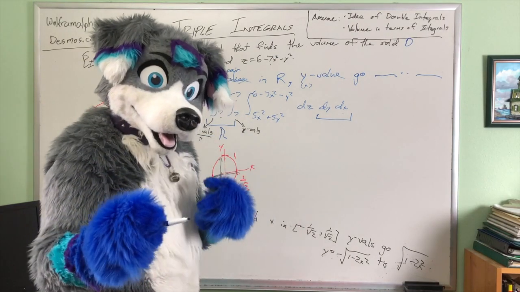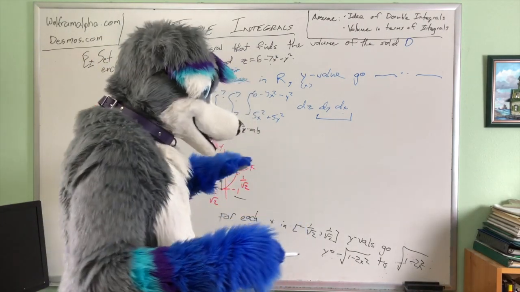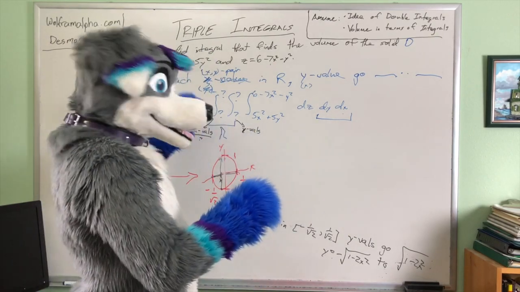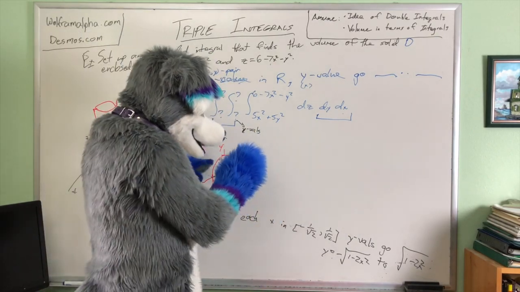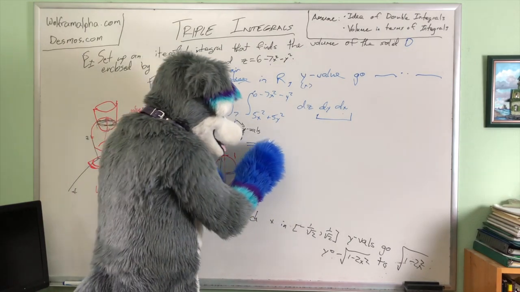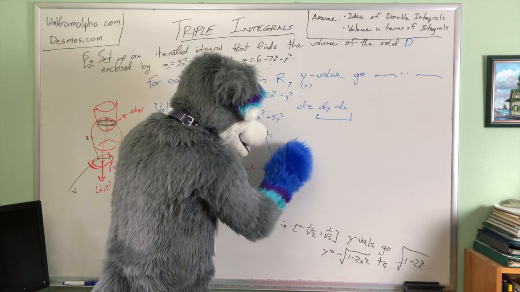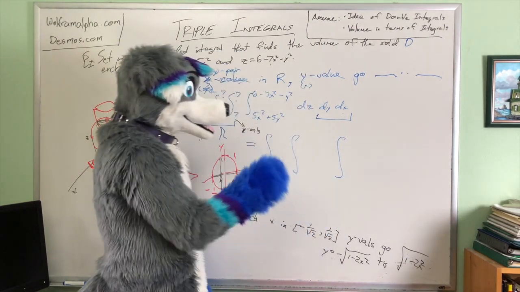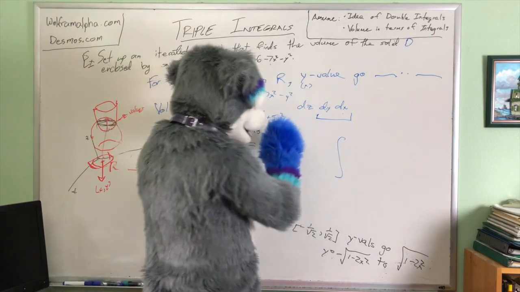With the magic of pausing and erasing things, I apparently need a bigger whiteboard. So I erase all that stuff just so I could write the last line here, which is, this will equal an integral dz dy dx, and I still have this stuff.